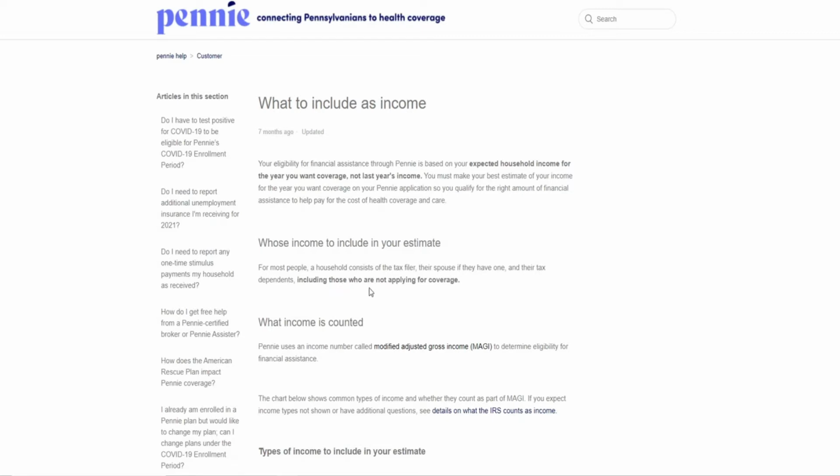Well, one of the first things that it mentions here is for most people, the household is the tax filer, their spouse or partner, and any taxes that their dependents would have, including those who are not applying for health insurance. That is all included in the household income.